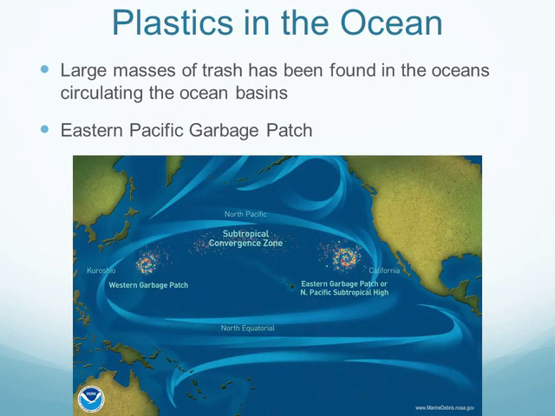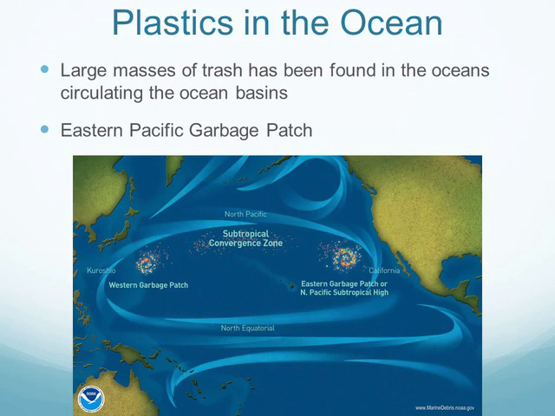So in the ocean, there are some areas where we have very large patches of garbage, and these are more familiar to you as the Great Garbage Patch of the Pacific. And in the Pacific Ocean, we have two large garbage patches, one on the east side, one on the west side.